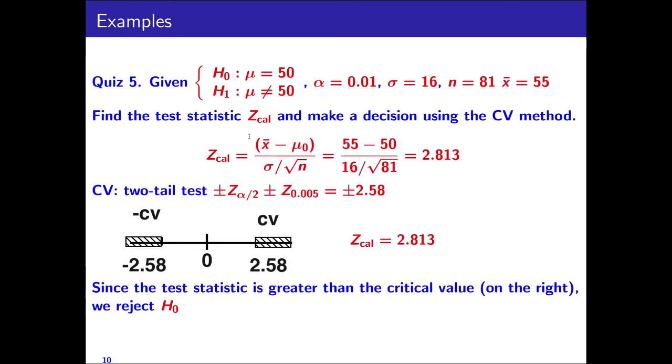Example number 3 is from quiz number 5. Given a set of hypotheses H1: mu not equal to 50 versus H0: mu equals 50, the level of significance alpha is 0.01, sigma, the standard deviation from the population, is 16, n equals 81, and the sample mean equals 55.